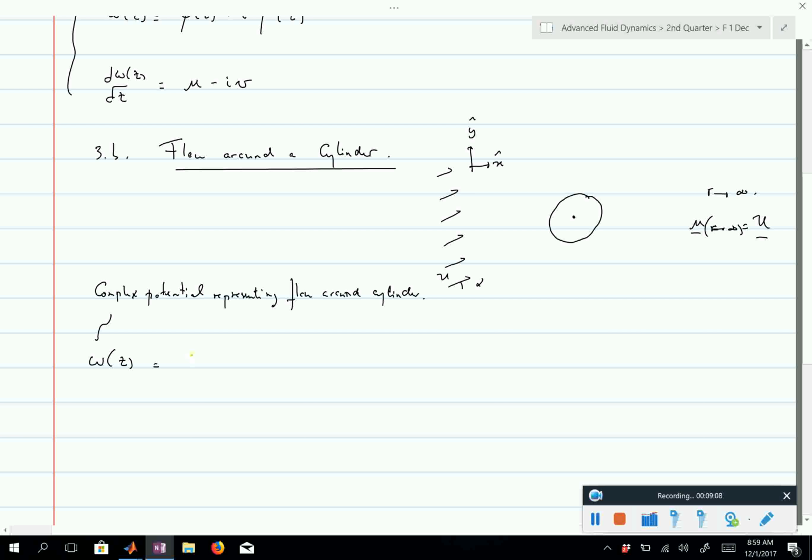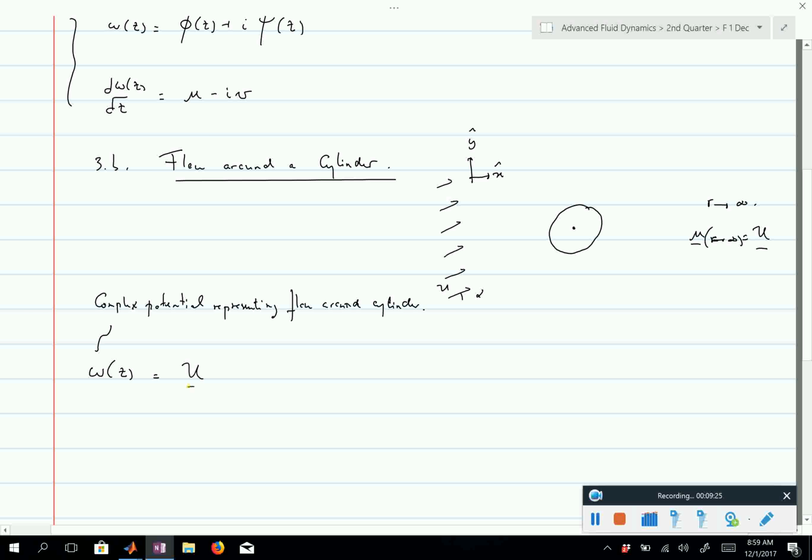We know that the flow at infinity will be essentially our uniform flow. The flow induced by the dipole and the flow induced by the irrotational vortex go to 0 at infinity, so the only part you're left with is the uniform flow. You have to match this with your boundary condition at infinity. The boundary condition at infinity will be a complex number, and this number is going to be our uniform flow times z.